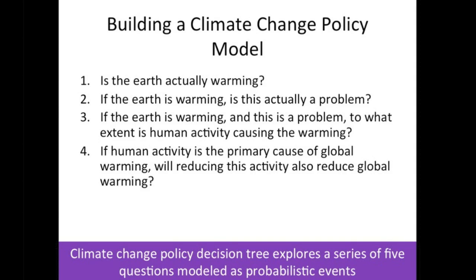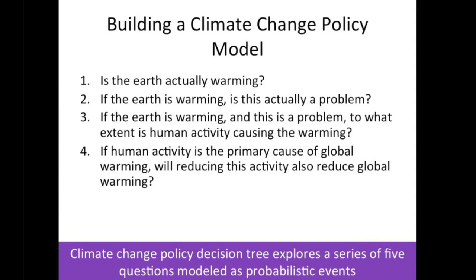Question 4, if human activity is the primary cause of global warming, will reducing this activity also reduce global warming? The assumption undergirding current environmental policies, such as the Kyoto Protocol, is that if anthropogenic CO2 causes warming, then reducing the output of that CO2 will retard the warming trend.